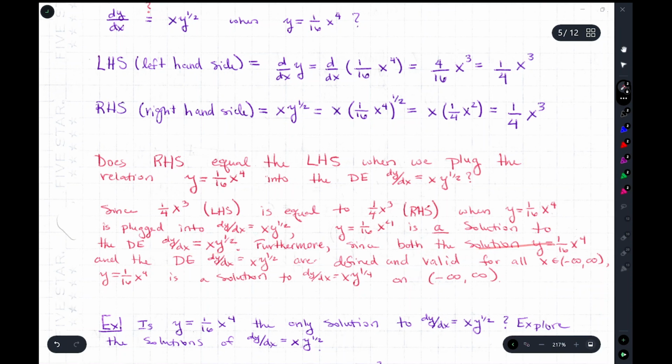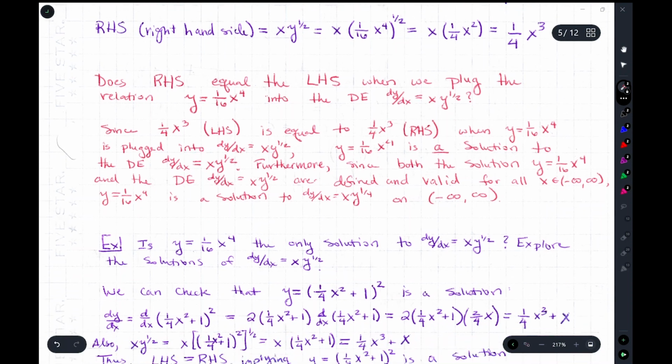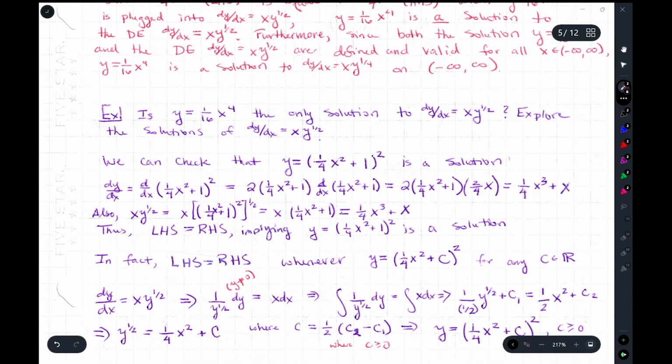Furthermore, since both the solution and the differential equation are defined and valid for all of x from minus infinity to plus infinity, so all the real line, y is a solution on the entire real line. Okay, so just writing that out, the thought process, putting it in words, so we could do this much quicker in the future.